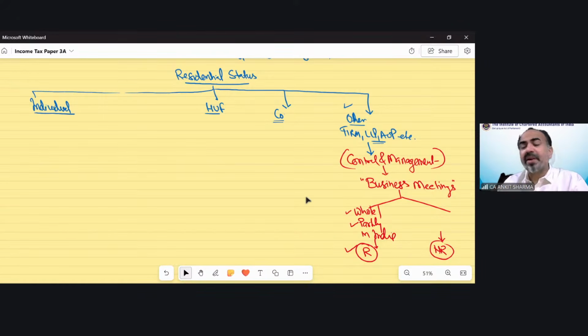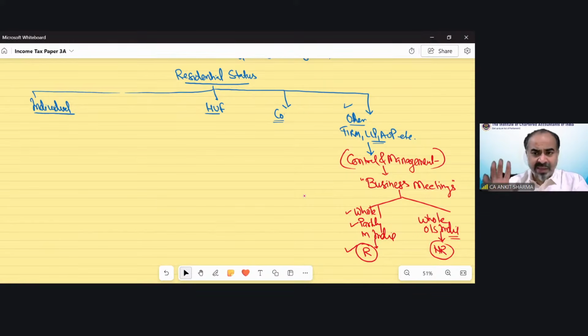Absolutely not in India. That means all business meetings are held outside India. As simple as that. So even if a single business meeting is held in India, that organization will be called a resident. And if all business meetings are held outside India, that organization will be treated as non-resident.